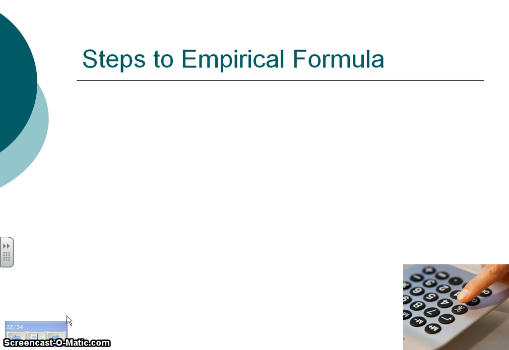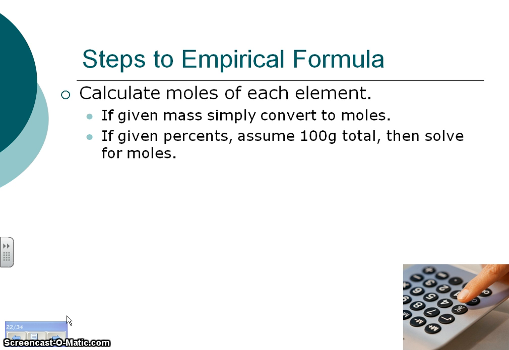Now, we're going to take some steps to finding the empirical formula. The first step is that you need to calculate the moles of each element. So if you're given mass, you simply just convert those grams to moles. If you're given percents, you need to assume 100 grams because percent is based off 100. Then you're going to solve for the number of moles.